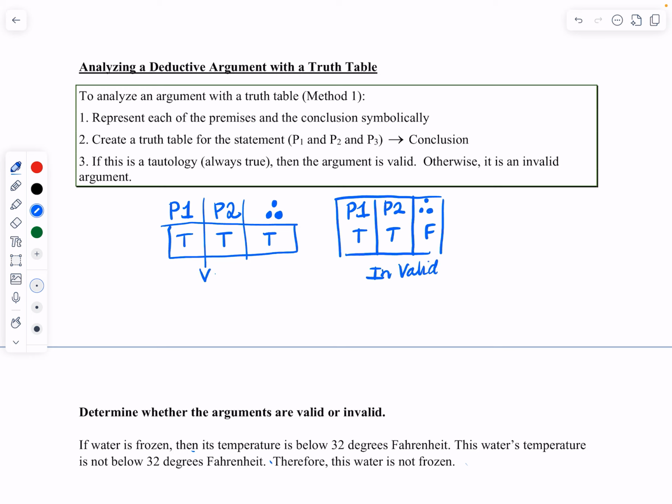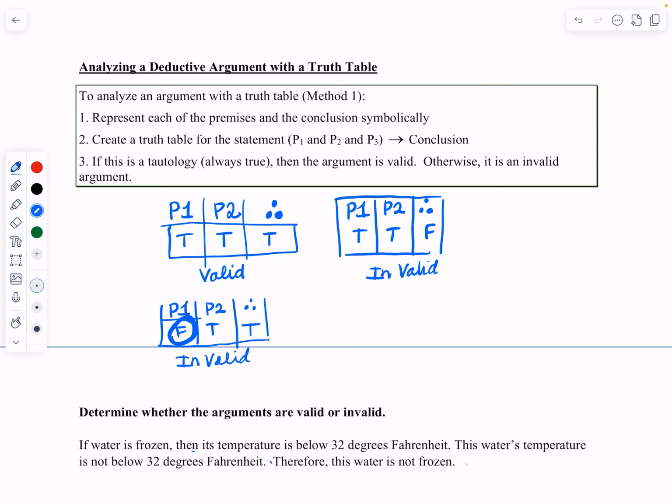I'll give you another example: P1, P2, and then the conclusion. If P1 is false, P2 is true, and I have some random conclusion, it doesn't matter, because you have a false premise, so we don't even look at it. This is going to be invalid. Hopefully that clears the air a little bit.